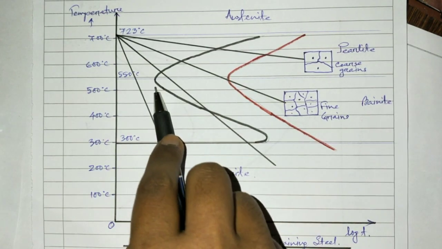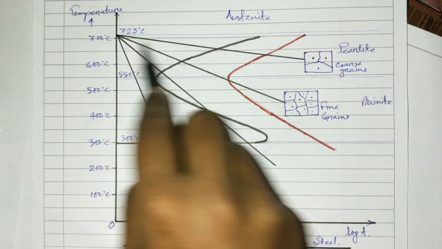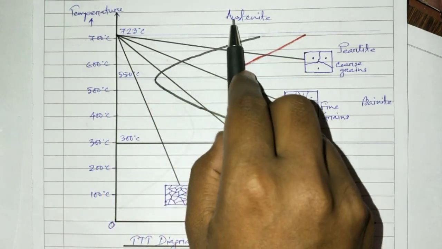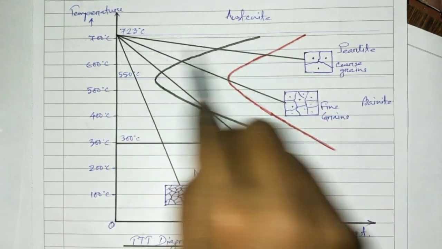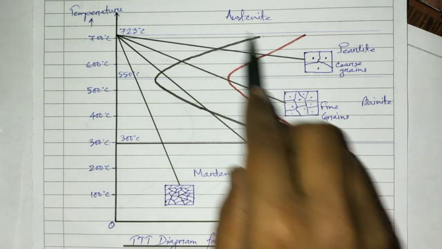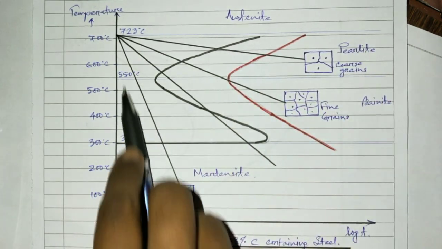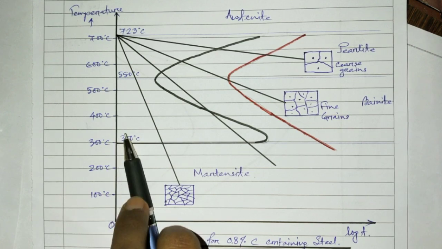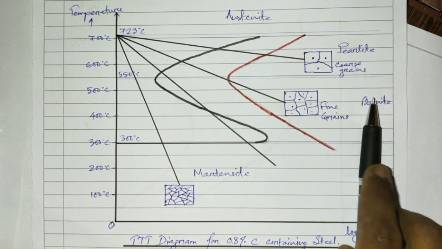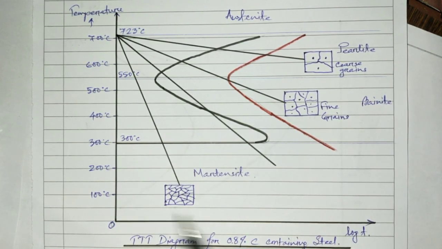The nose is situated at 550 degrees centigrade, and above 723 degrees centigrade it's austenite. Within this range, pearlite is generally seen. Within 550 degrees centigrade to 300 degrees centigrade, bainite formation takes place, and below 300 degrees centigrade, martensite formation takes place.